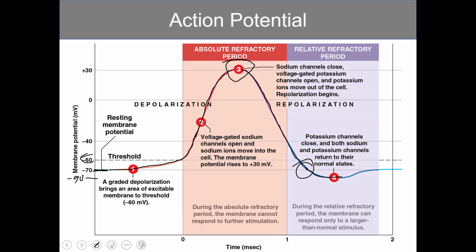Once the potassium channels close, then the cell will revert to rest through the sodium-potassium exchange pumps. So the absolute refractory, absolutely no way can a second action potential be generated. Relative, it could happen if the stimulus was great.